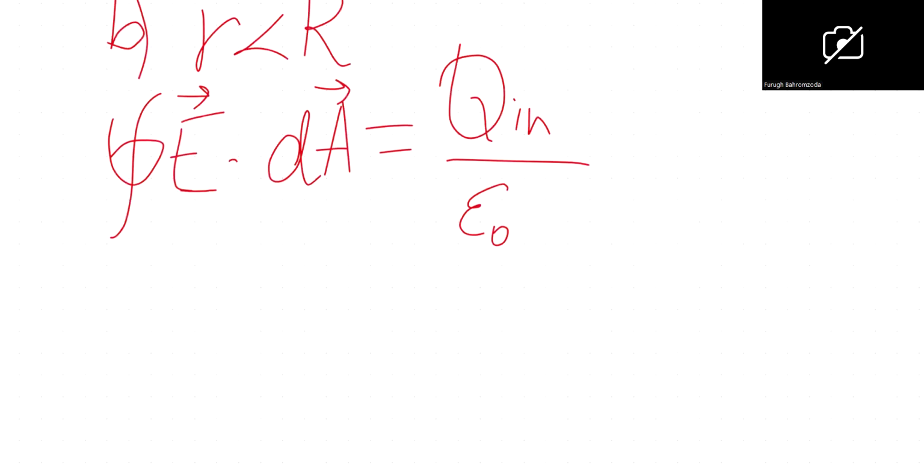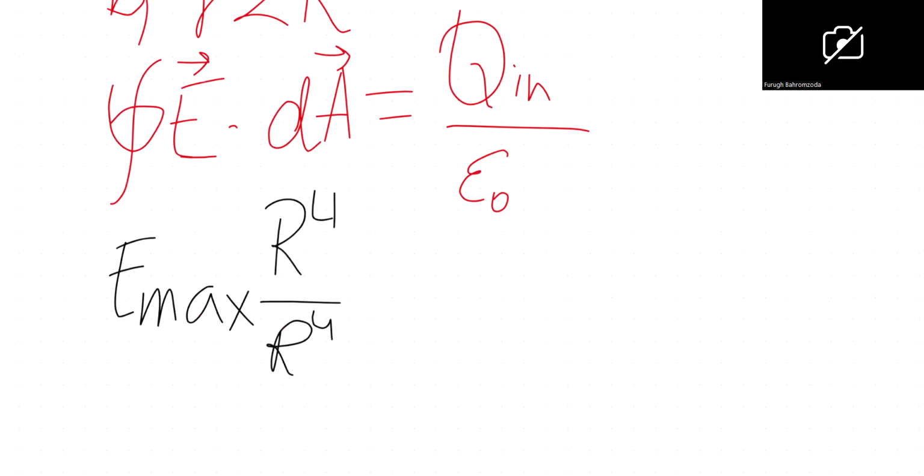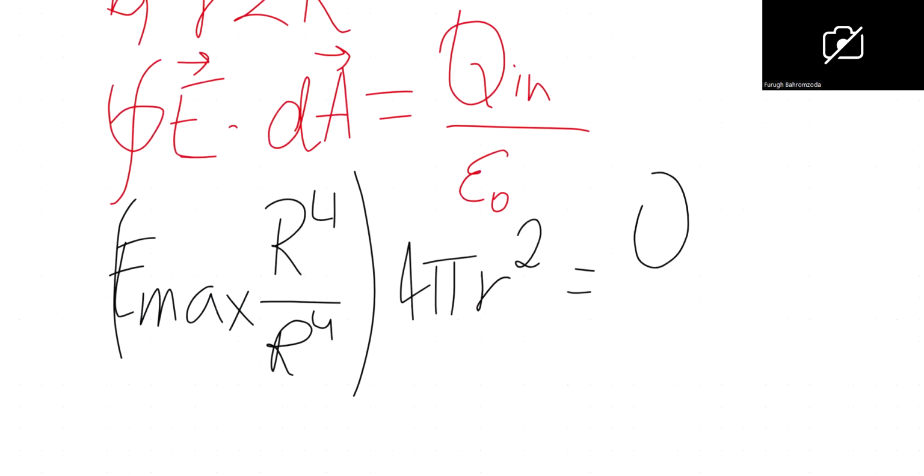So now what we will be doing here is we will put the electric field, which is given, E max r to the power of 4 over R to the power of 4, and our area for the sphere is 4 pi r square, equals Q enclosed over epsilon 0.